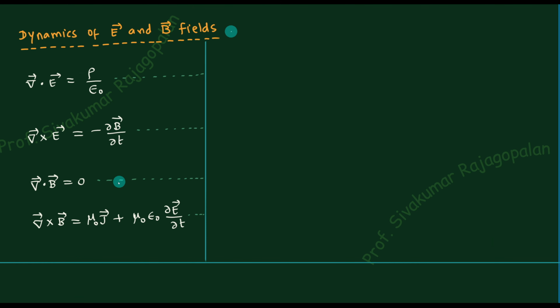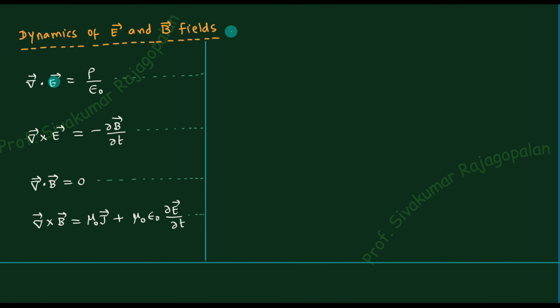A further important point is that all of them are linear differential equations as long as you consider linear homogeneous isotropic material. There is an underlying assumption throughout this course that we will consider only linear homogeneous isotropic material, whether dielectric or magnetic. That assumption guarantees that all four differential equations are linear.